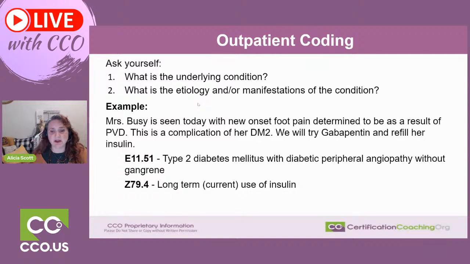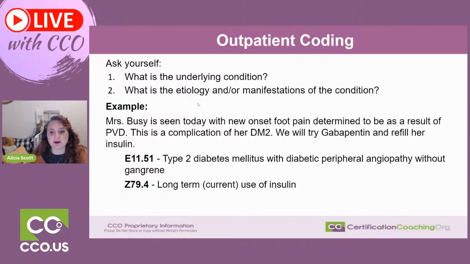They don't have gangrene, and also she's on insulin. Now we wouldn't use Z79.4 as the first diagnosis, because even though he refilled her insulin, and that may have been one of the reasons that she was there, to get more refills on her insulin.